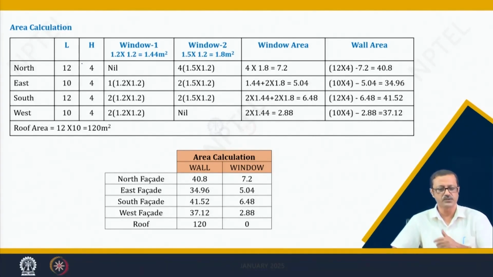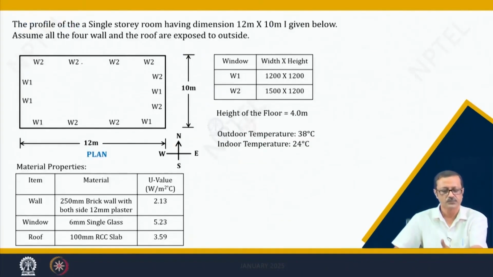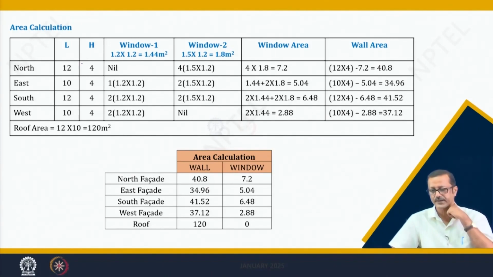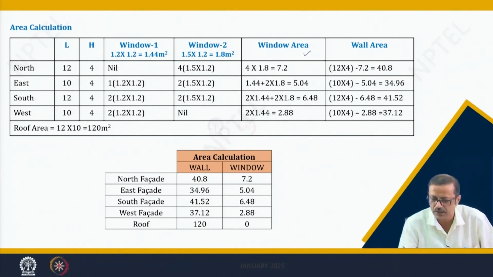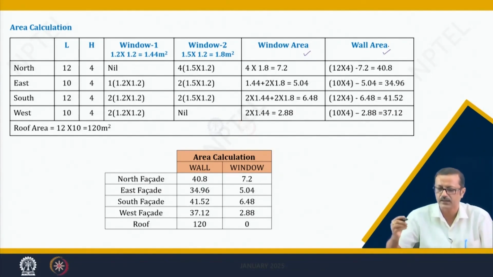How many windows are there on how many faces? Suppose you see the north face: there is no W1, there are 4 W2. In this figure, there are 2 W2 in the north and south, and 2 W1 in the south. Like that, these things are separated. Finally, what I came to know from this chart is the wall area and the window area, so I have written it in another table.